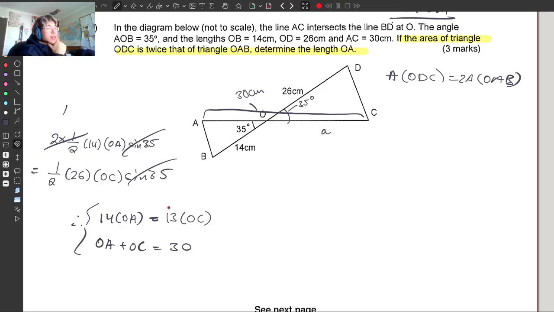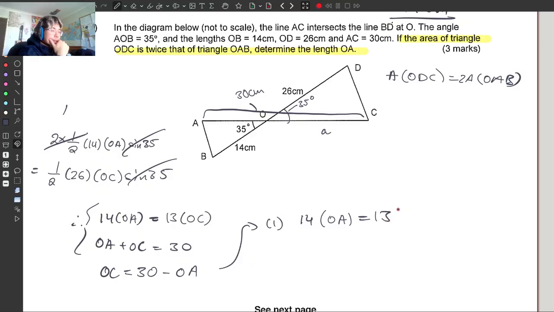Therefore, we've got a set of simultaneous linear equations. Here, we need to find OA. So we can say that OC is 30 minus OA from the second equation. And then we can put this into our first equation, which gives 14 OA is equal to 13 of 30 minus OA.